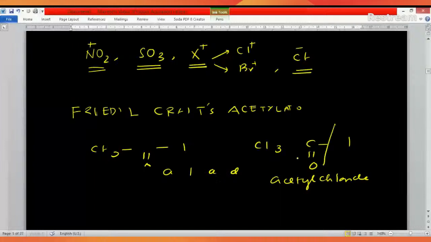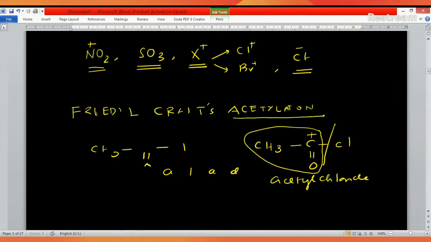From acetyl chloride you can get CH3CO plus. Now this can behave like an electrophile. So the introduction of this group, CH3CO plus, is commonly called an acylation or acetylation reaction.